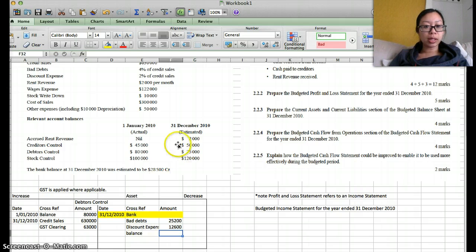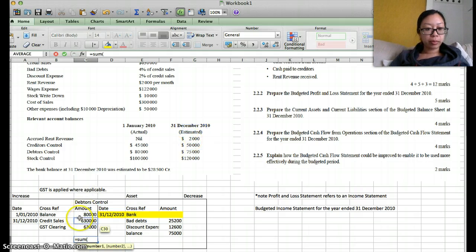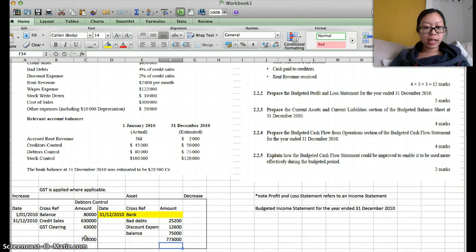Closing balance was expected to be 75,000. We add up the bigger side, so it looks like it's this side. Remember, this is how you balance, and it's carried forward to the next period.